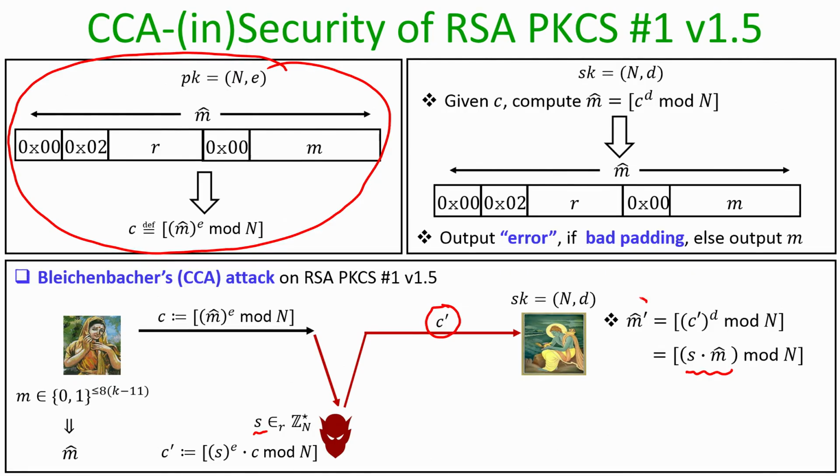I call that recovered thing m hat prime, and now the receiver will check whether the padding is correct in the recovered group element m hat prime or not.